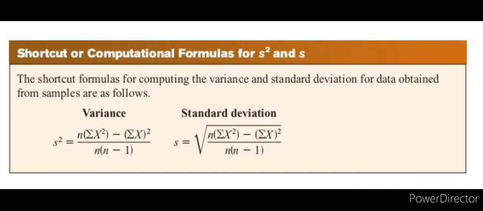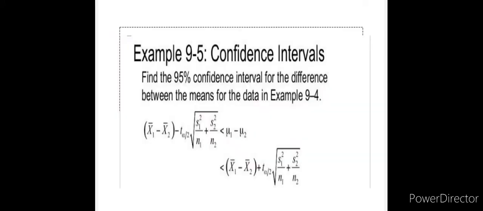And now let's move on to how to get a confidence interval for the difference of two means, independent. This is computed to know whether the two means fall within the computed interval.